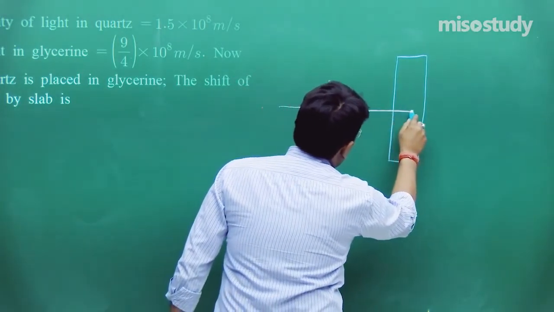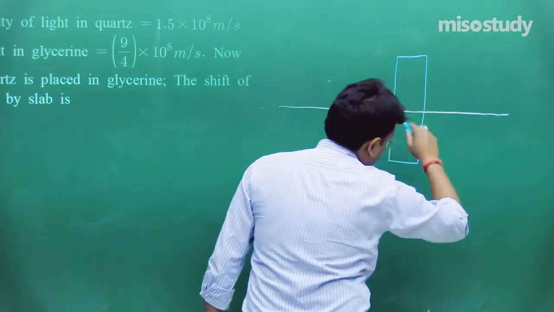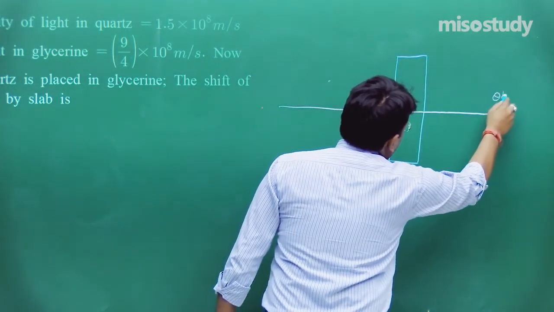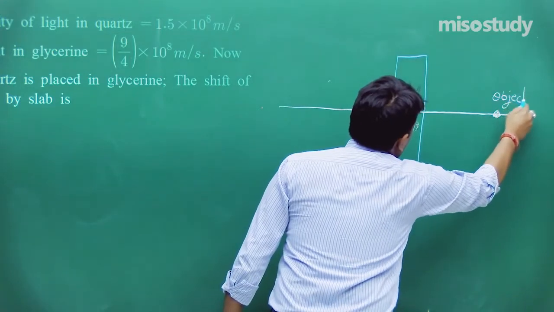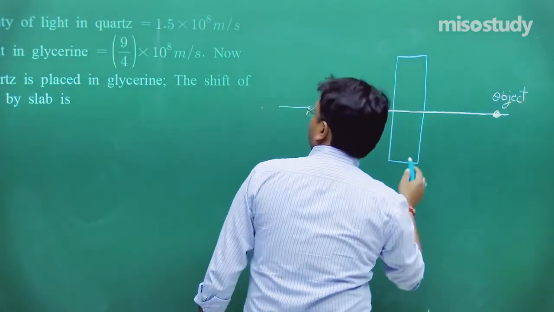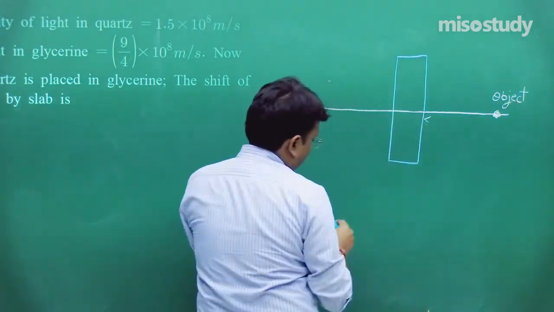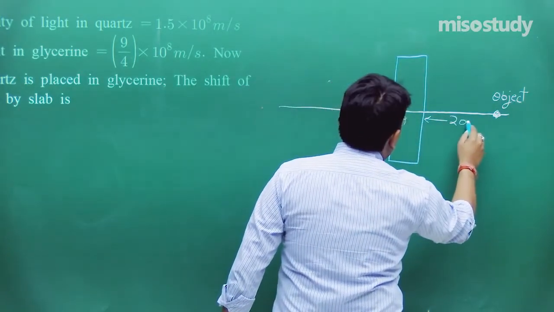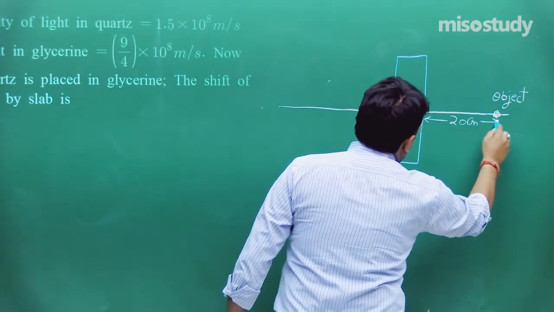Then this line, it is the object, and this distance is 20 centimeters. Fine, 20 centimeters.